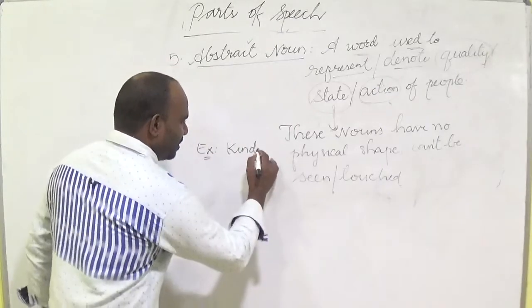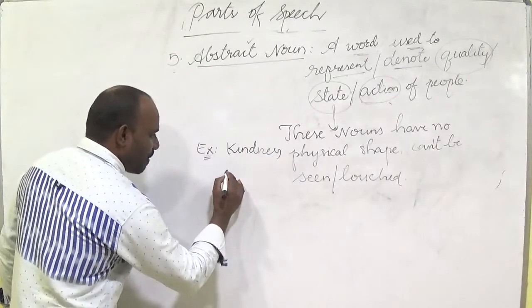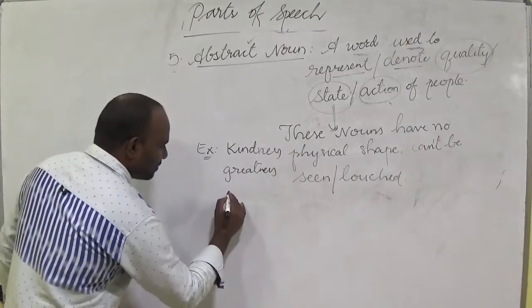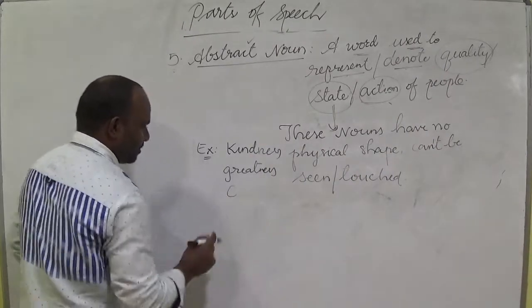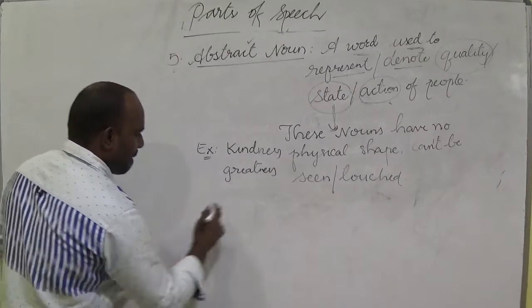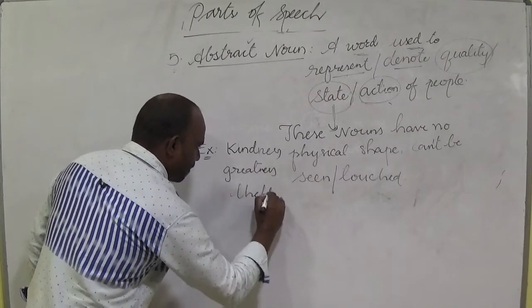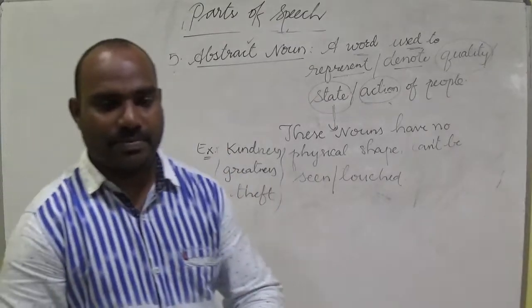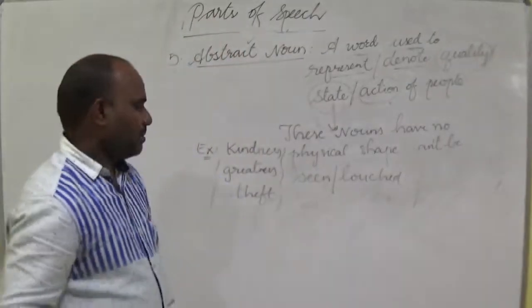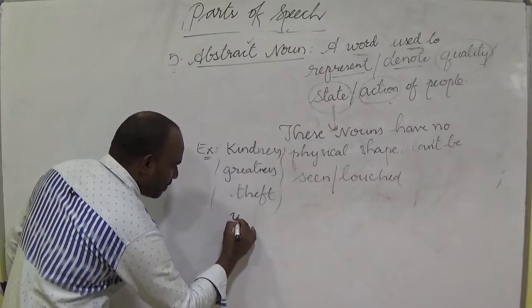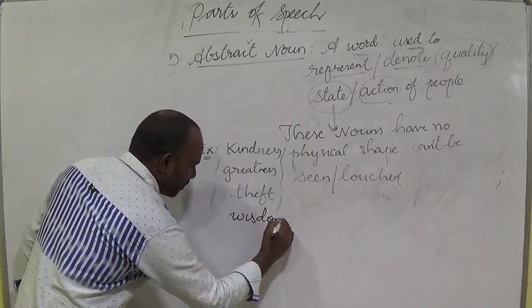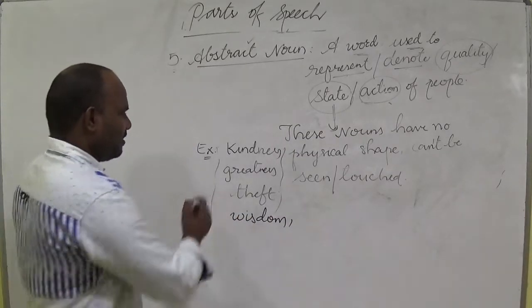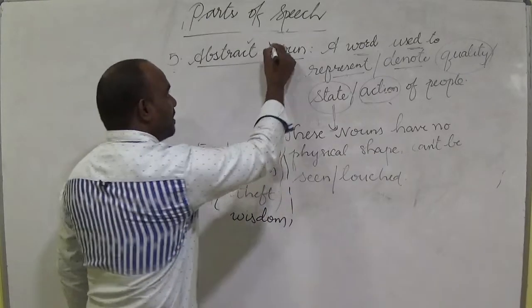For example, kindness, greatness, theft, wisdom, etc. These are a few examples of abstract nouns.